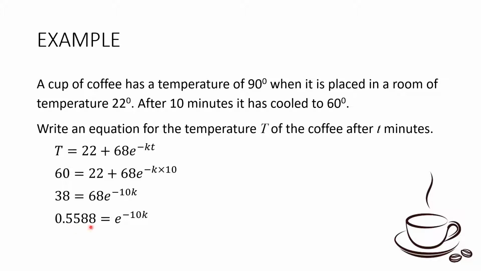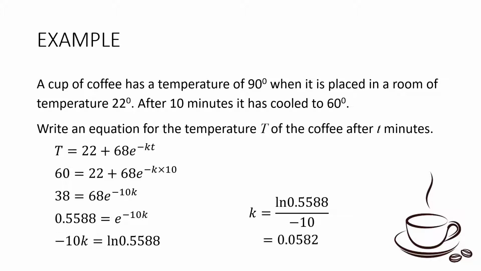Make sure you keep enough decimal places here. Take logs of both sides gives us negative 10k is equal to ln 0.5588. And then divide by negative 10 and k is equal to 0.0582. So now if we substitute that in up here, we have the full equation.